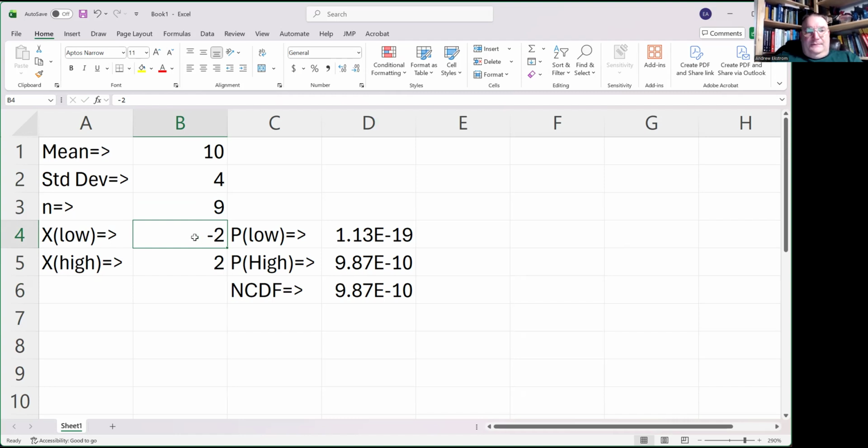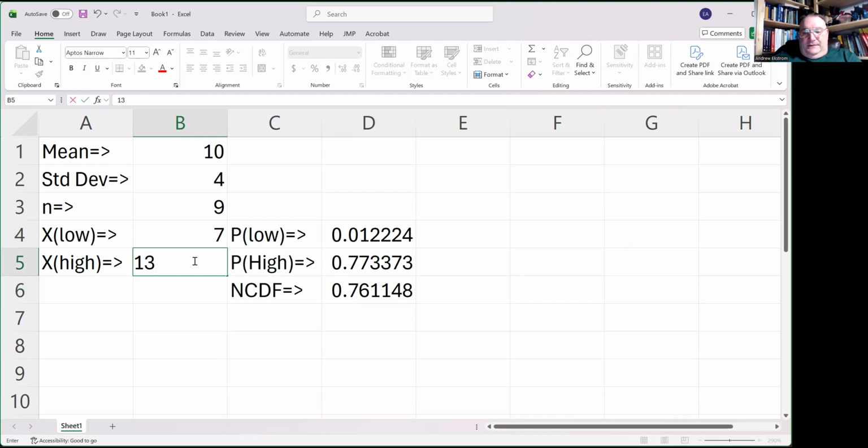But if I change that to, I don't know, say 7 to 11 or something like that, now it looks a little bit more reasonable, right? If I want to make this 7 to 13, we can see what those values do. So pretty much anything we want to do here.